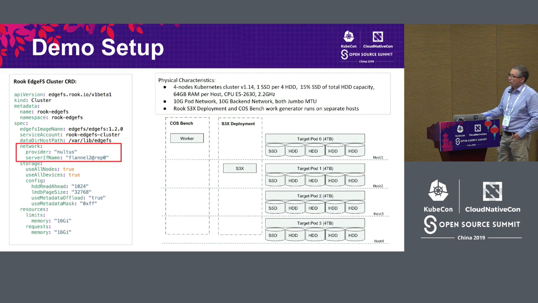We also have COSBench, a workload generator which runs on a separate host just to simulate the behavior and highlight the fact that with multi-home network, you'll get significantly better parameters.